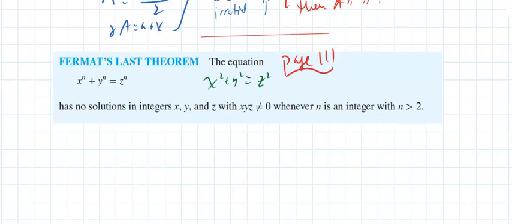It says, if you make it an n, this equation has no solution in integers x, y, and z, with x times y times z not equal to 0, whenever n is an integer bigger than 2. So 3, 4, 5, 6, and so on and so forth. So on page 111, I strongly suggest you read that.